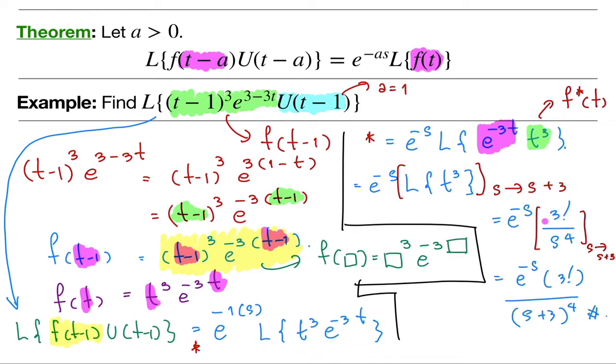Guys, you can also use the second technique, but as I told you, the first technique is easier. Because if you apply the second technique, you need to differentiate 3 times, and it's not fun. So you can find this like that using the first technique, and then that is the answer. Very simple.